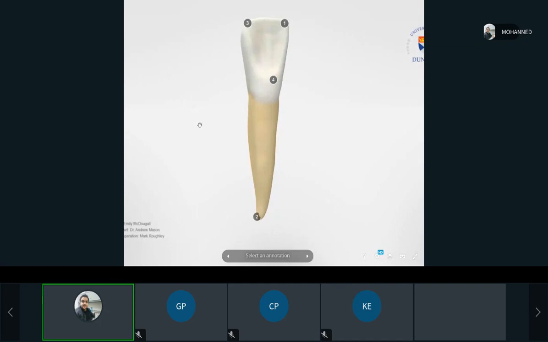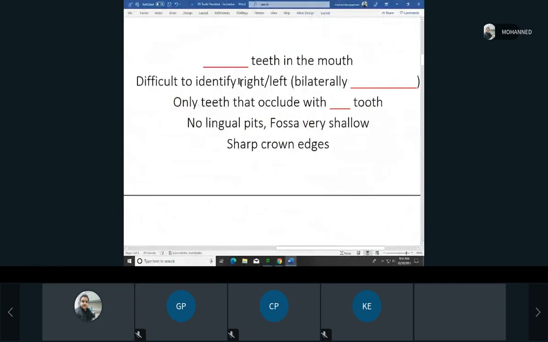So if we go back and fill these things up, the mandibular central incisor is the smallest tooth in the mouth, not just in the arch. It is difficult to identify left from right because it's bilaterally symmetrical, because of the small and sharp crown edges.